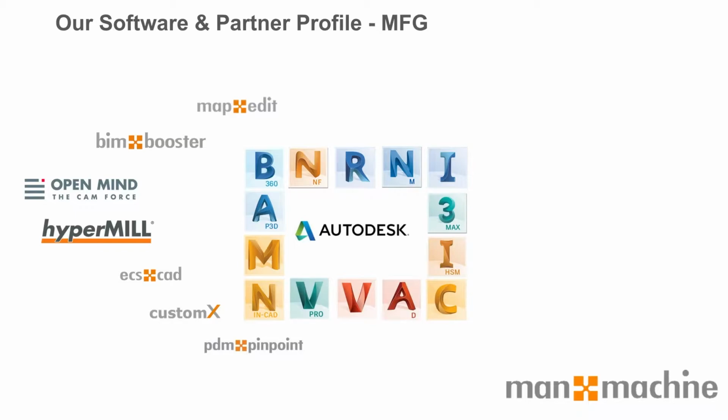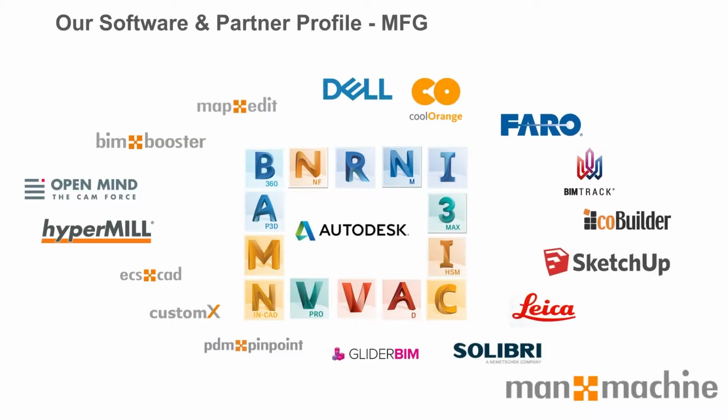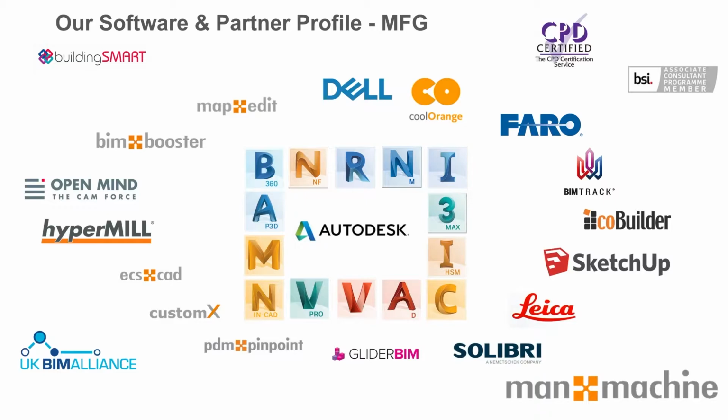We've also teamed up with a number of other software vendors to complement our own and Autodesk offering, so that we have all the relevant accreditations and can offer a complete solution. The one that I will mention on this call is Cool Orange.